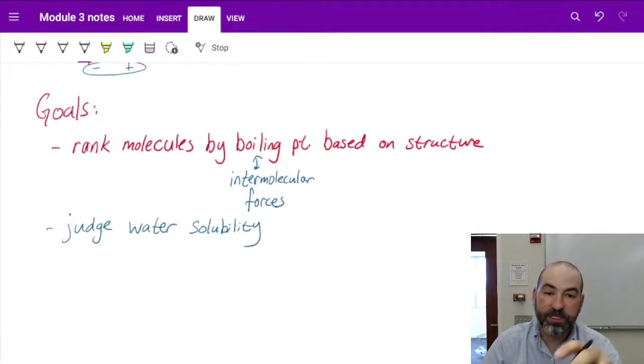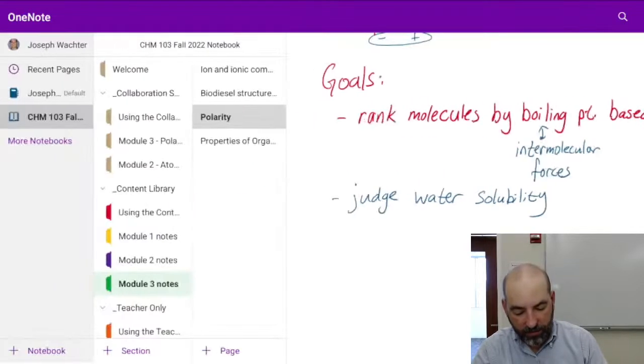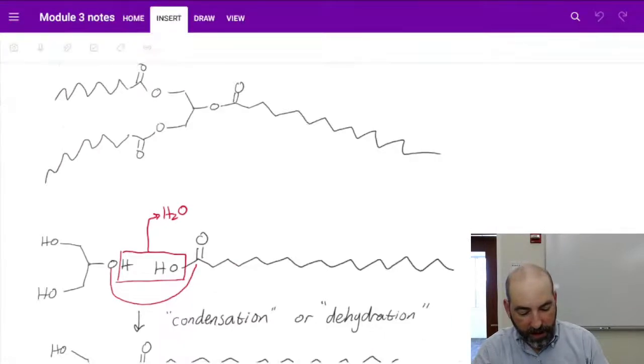Water solubility specifically has to do with hydrogen bonding and the ability of those molecules to interact with water molecules. So basically the ability of them to have similar structures to water. And if you have enough nonpolar parts on your molecule, carbon and hydrogen and such, it's not going to be soluble in water.